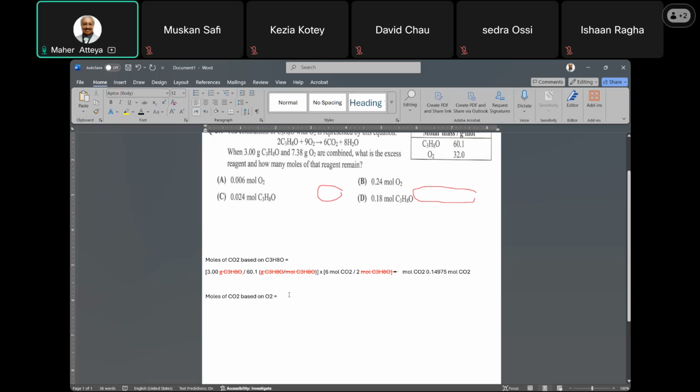So let's start with this. How many grams of O2 do you have? You have 7.38 grams of O2.